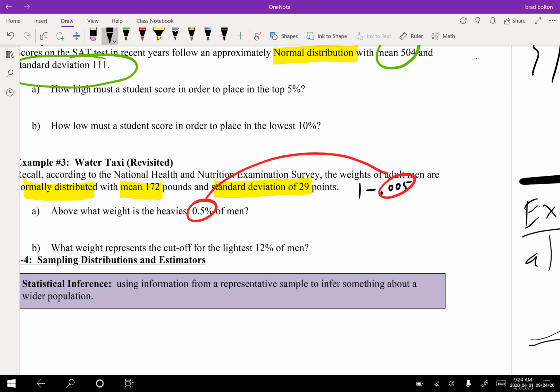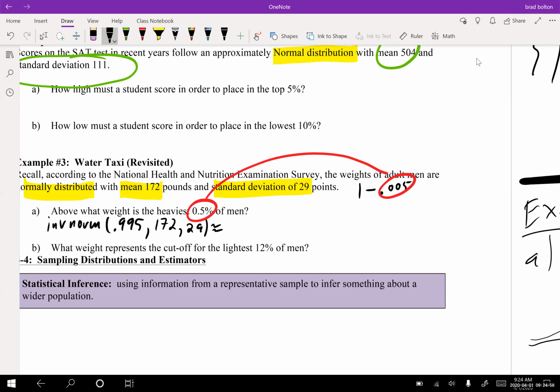So I'm going to do inverse norm, 0.995, comma 172, comma 29. And let's see what that gives us. Second vars, 0.995, 172, 29.